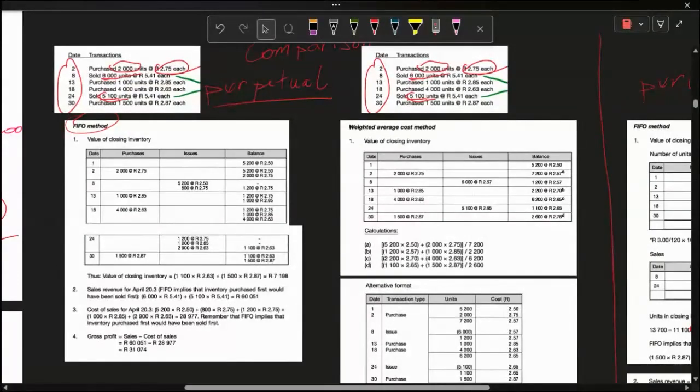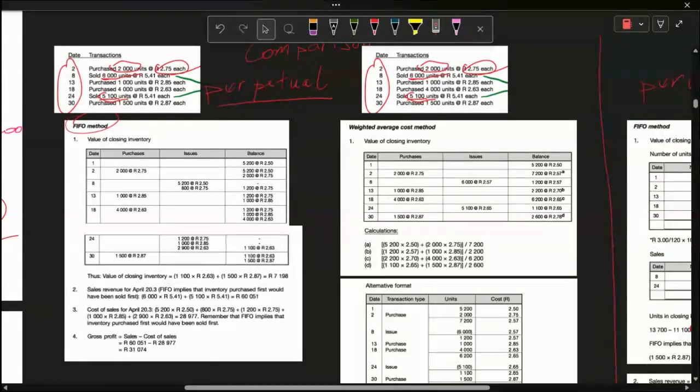Then they say that on the second, they bought 2,000 at 2.75. So now you have stock that was bought at 2 rand 50 and other stock bought at 2 rand 75. You are not going to get the average of this.